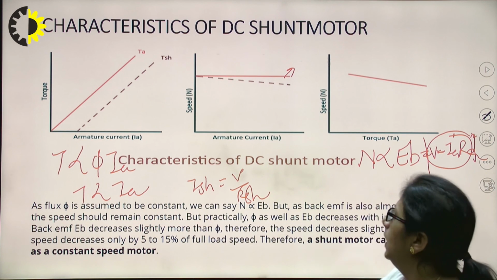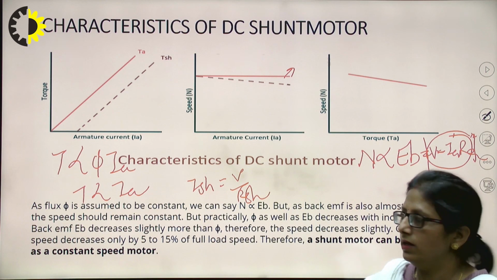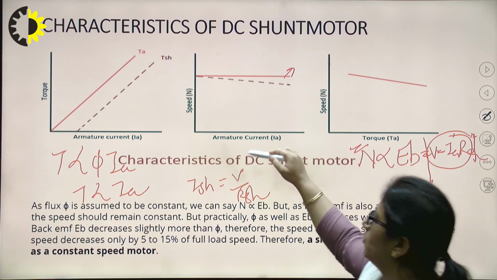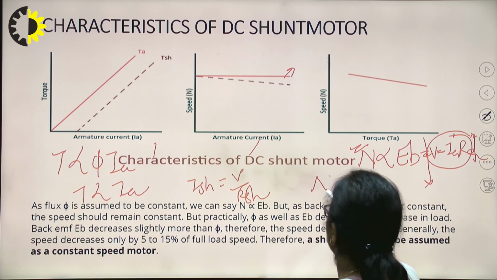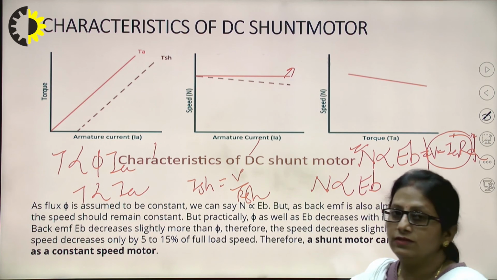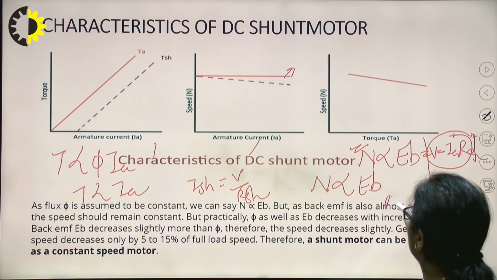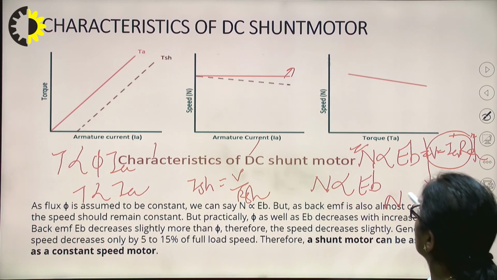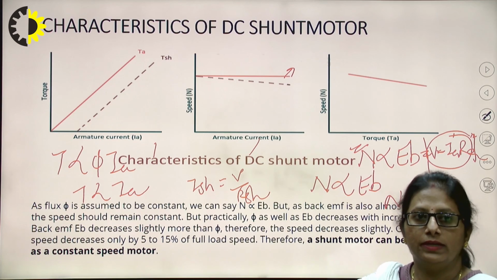The same is with the last one, that is speed versus torque. As we have seen in case of series, the last one can be derived from the earlier two. Speed is proportional to back EMF. We have seen in the earlier case that the speed decreases by a small amount with the increase in the armature current.